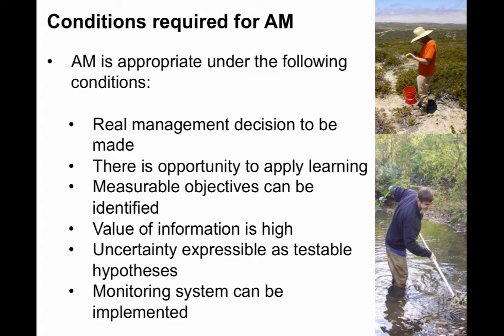right? And there really also must be space and willingness to apply what we've learned and experiment with different treatments, and then have the ability to apply that knowledge to future treatments. We also must have measurable objectives, the third point here. So it's really critical that we have something to measure and then are able to compare outcomes after the fact.